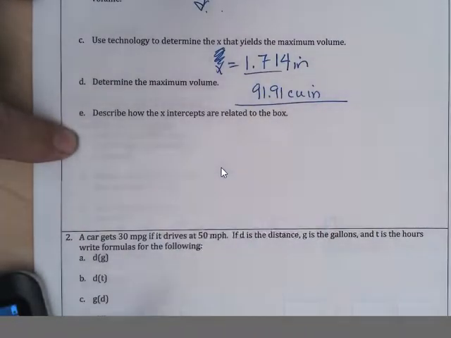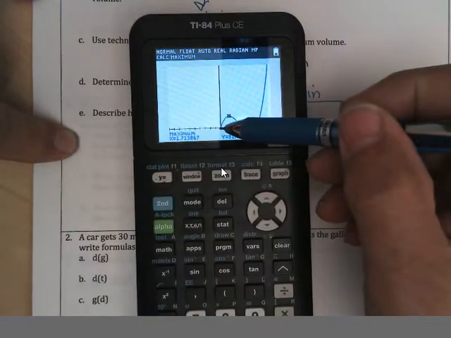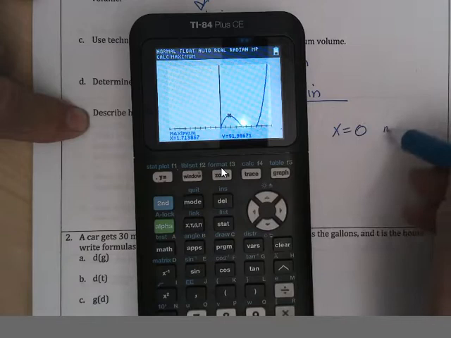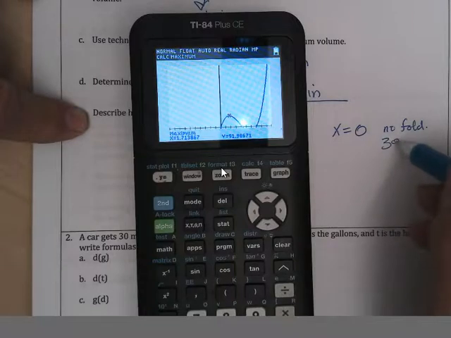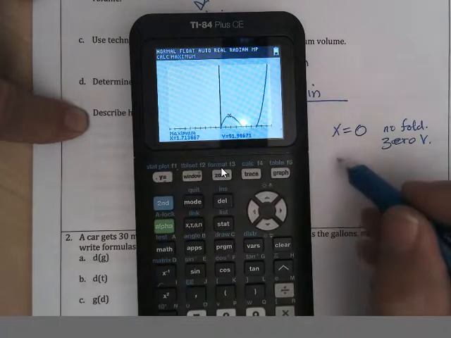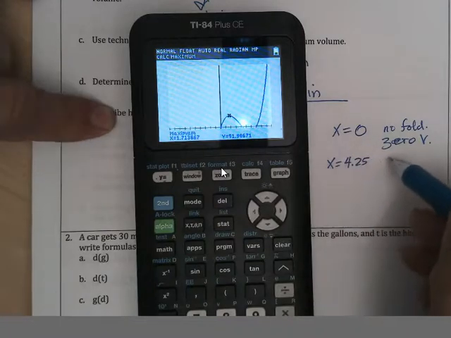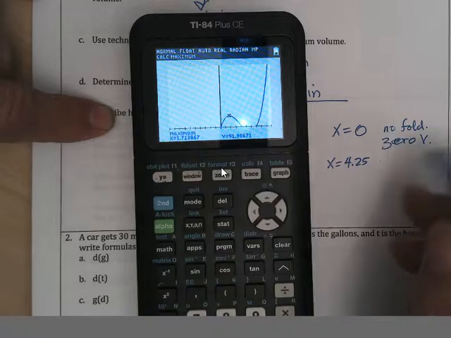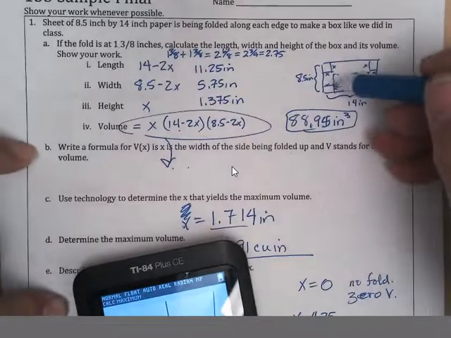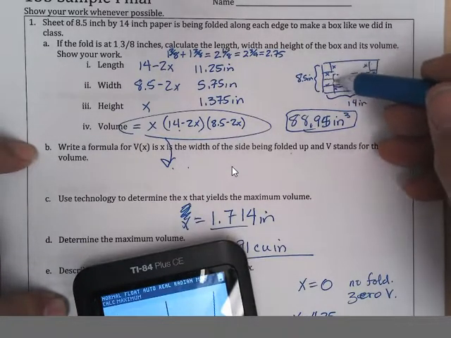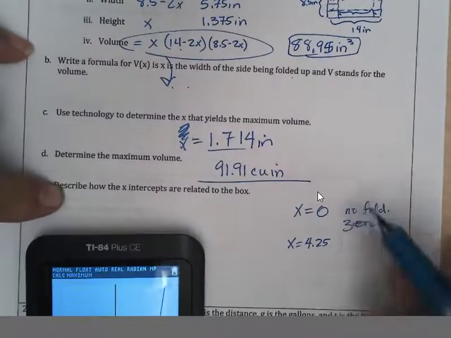Describe how the x-intercepts relate to the box. This is when we don't fold anything, which means we're going to have 0 volume. This is 4.25, which is 0, which is going to have 0 width, because if we take 4.25 off of one side and 4.25 off the other side, we've used up all the 8.5, and the width of the bottom of the box would be 0.